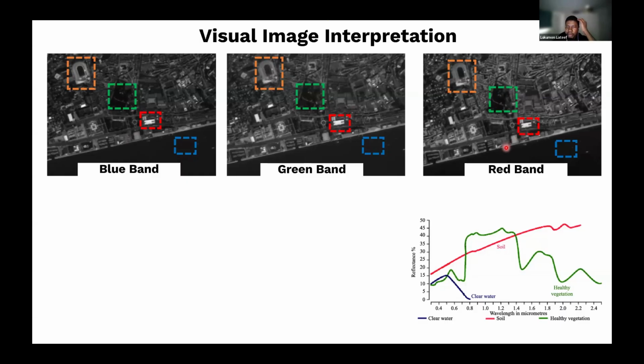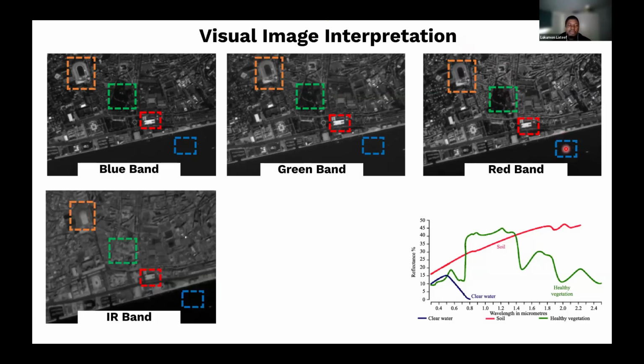You see that the built-up areas become brighter compared to how they appear in the blue band, because the reflection of the soil or built-up is increasing, whereas the water is becoming darker, although you might not see it very clearly depending on my screen resolution. But we can distinguish the built-up from this feature and this other feature.